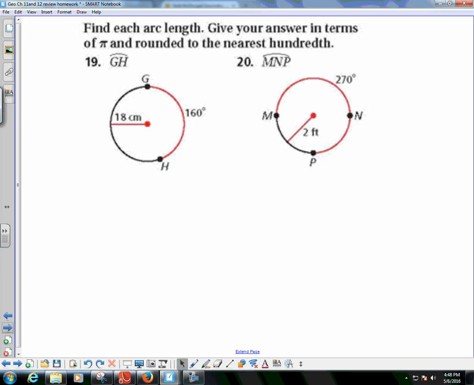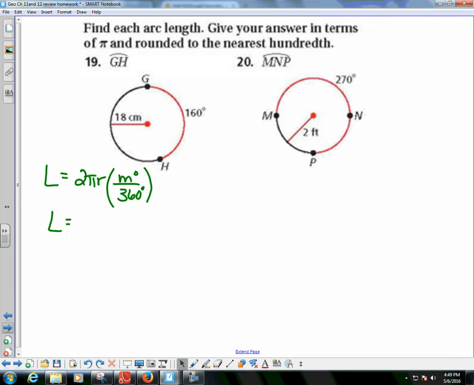Number 19, I need to find the arc length. Keep in mind, arc measures are in degrees, arc length is a linear measure, so it's measured in feet, inches, yards, meters, centimeters. My formula is the length is 2 pi r. Basically, it's the circumference formula multiplied by the number of degrees divided by the entire circle, so m over 360.